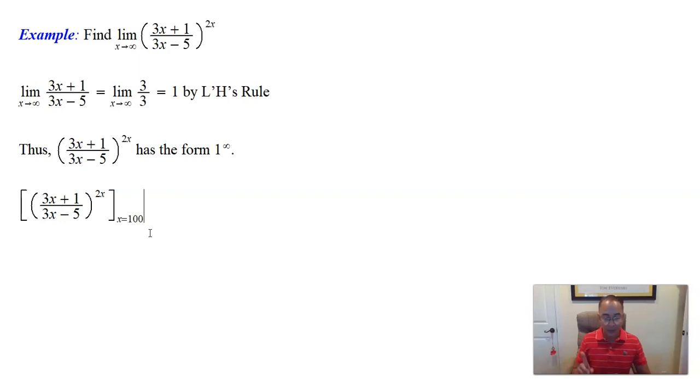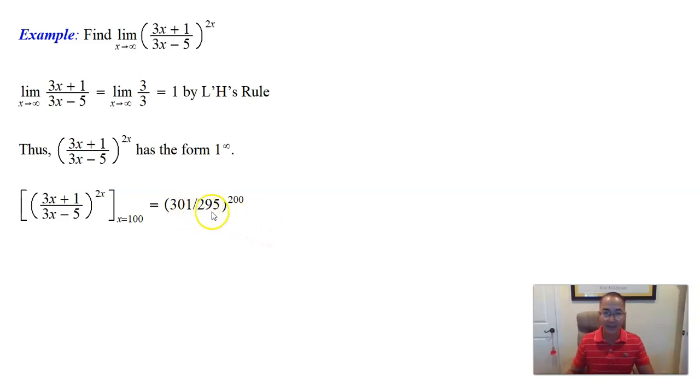Actually, let's do it by hand, because 100 is an easy number. 300 plus 1 is 301, and 300 minus 5 is 295. So that's 301 divided by 295. I hope you can see that is pretty close to 1, but we're raising it to the power 2 times 100, which is 200.